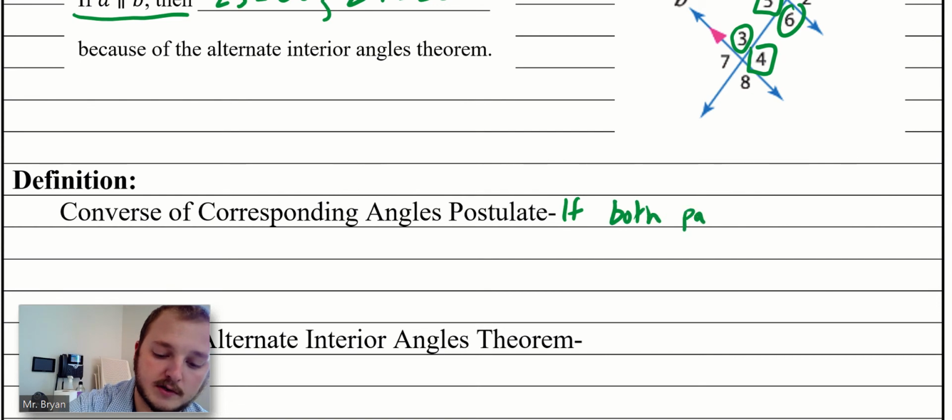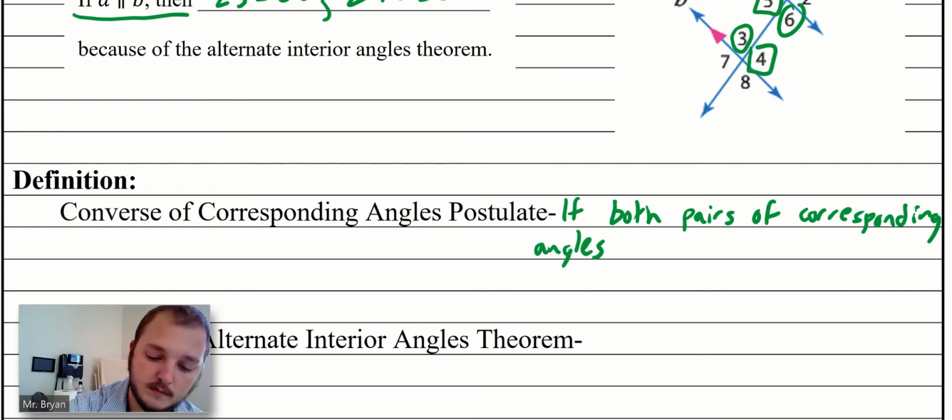both pairs of corresponding angles between lines and a transversal are congruent, then the lines are parallel. The lines are parallel.